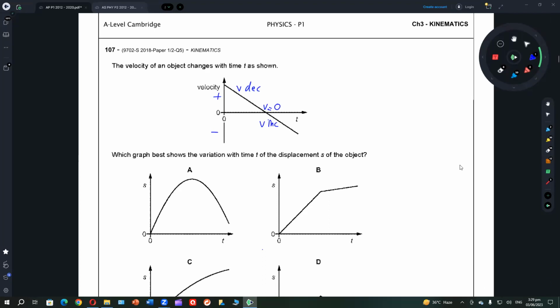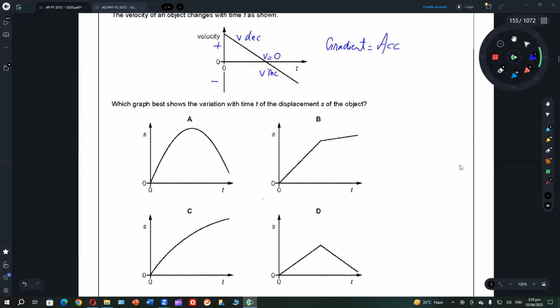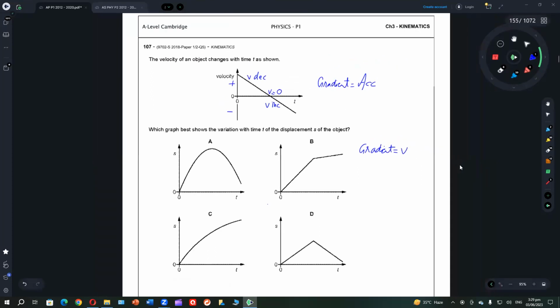And you have to see that the gradient here will be the displacement. Here the gradient is acceleration, and here, in the option sketches, gradient is equal to velocity.